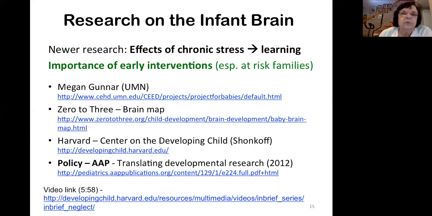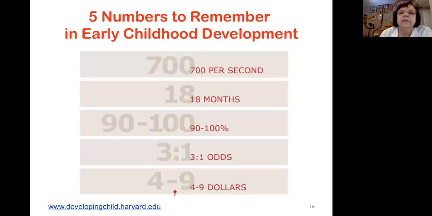So here are a number of researchers that have done work on looking at the brain. This Harvard Center for the Developing Child is a gold mine of information about toxic stress, as well as children's neurodevelopment. And Shonkoff and others were responsible for getting these early home visiting interventions.